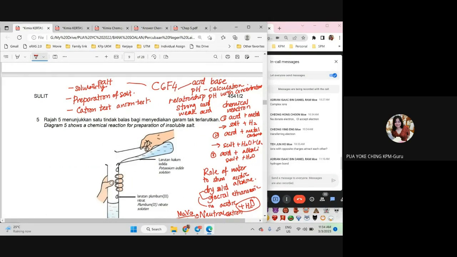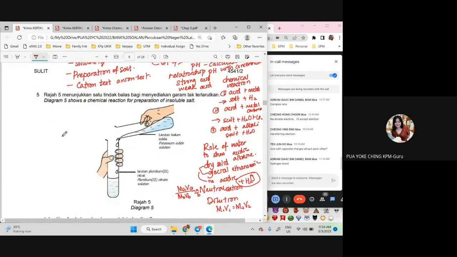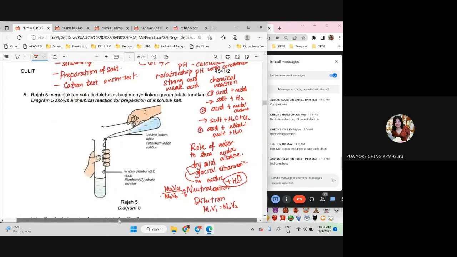Chapter 5. Question number 5, diagram 5 shows a chemical reactions for preparations of insoluble salt. So, ini insoluble salt. So, kita cuba hafal balik your solubility. Bagi mereka yang dah lupa, tolong hafal. Solubility, kalau kita ada sodium, potassium, ammonium, and nitrate, semua soluble. That's why I put tick.